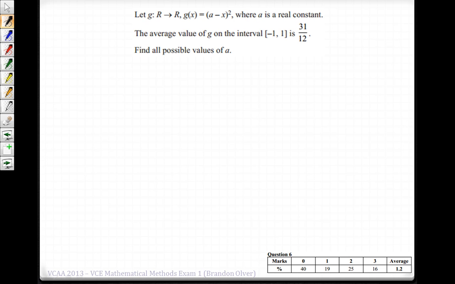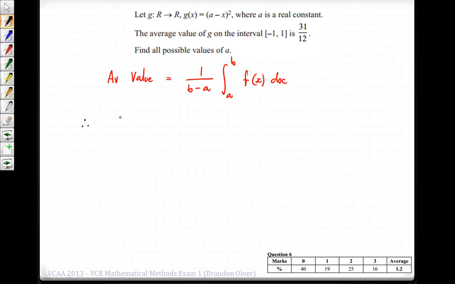So what we need to do here is remember that the average value of a function is equal to 1 on b take a, the integral from a to b of the function dx. So we take the integral of the function between the two values and divide off by the length of the region that we are finding the average value between.